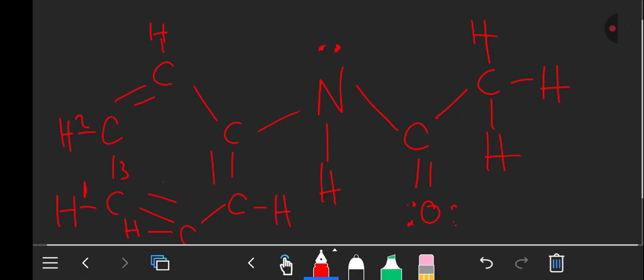Even on this double bond, 4, there's a sigma bond. 5, on this there is a sigma bond. 6, there's a sigma bond. 7 there. 8 there. 9, 10, 11, 12, 13, 14, 15, 16, 17, 18, 19.